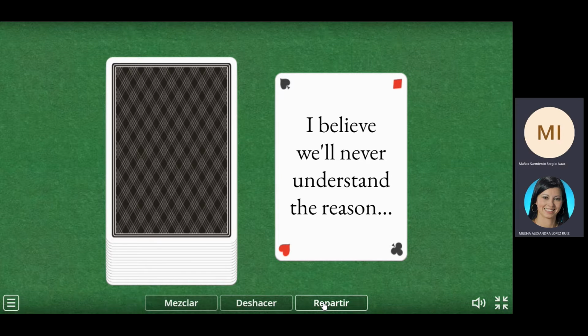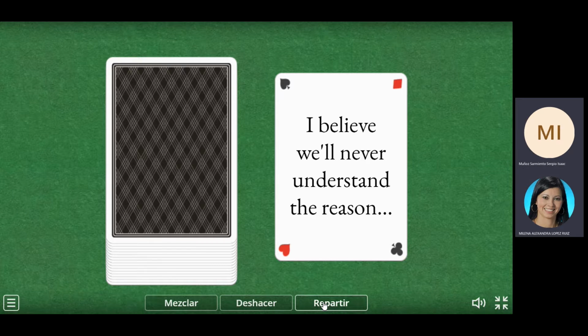I believe we'll never understand the reason. Remember, when we're just talking about reasons, what will be the relative clause? The reason why. Yes. Why are you laughing, Sergio? Oh, I was just confused.